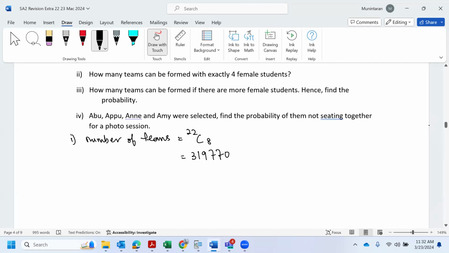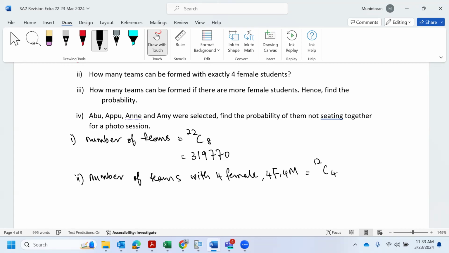How many teams can be formed with exactly 4 female? These are very important for you to know. Number of teams with 4 female. That means there must also be 4 male, and the total must always be 8. You can get the 4 female from the 12, so 12 choose 4.